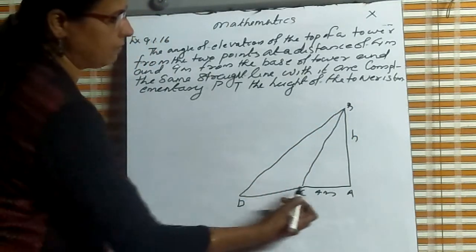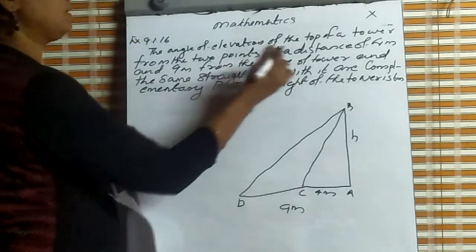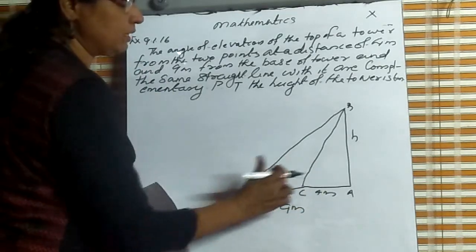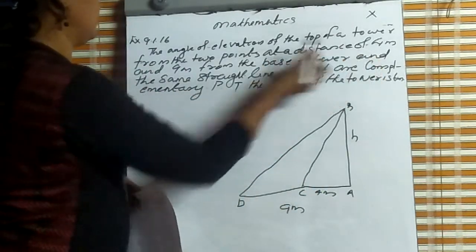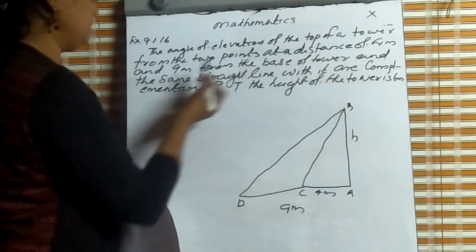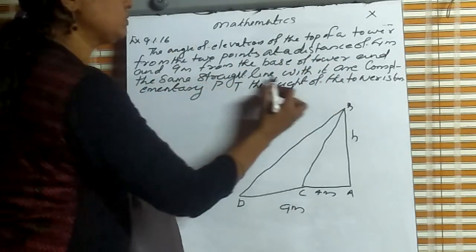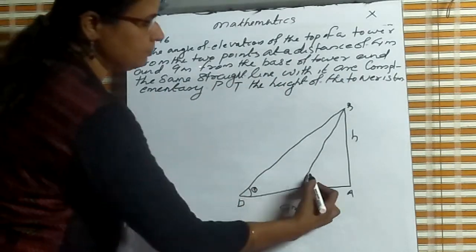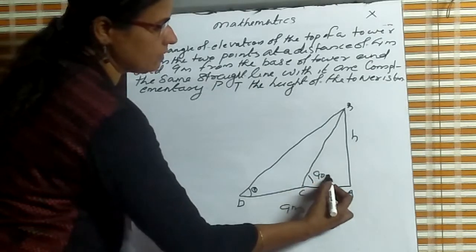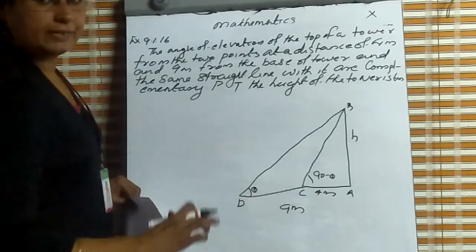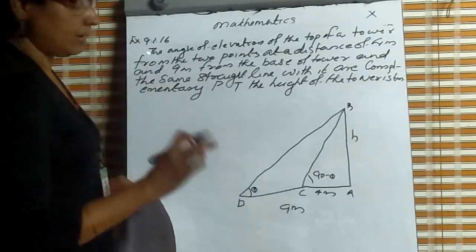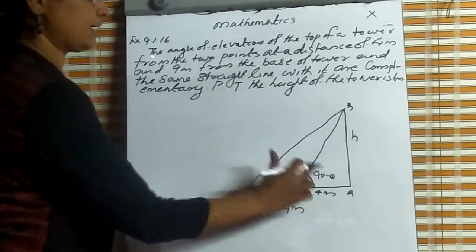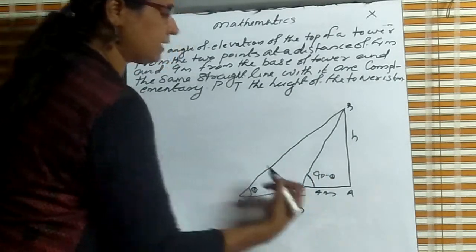These two angles are complementary, that means the sum of these two angles is 90 degrees. Complementary means this angle is theta, this one is 90 minus theta. When two angles are complementary, their sum is 90.